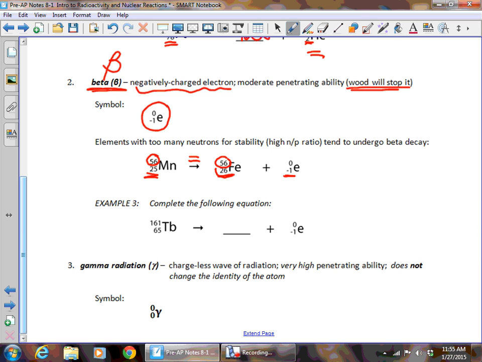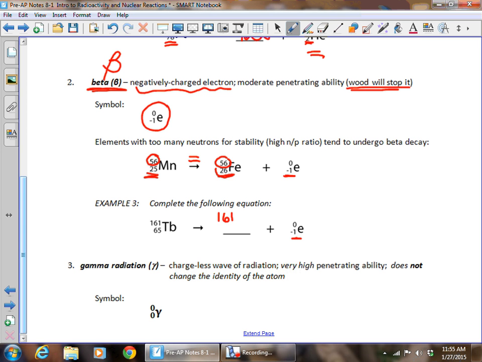We have 161 over 65 on the left, 0 over -1 on the right. So once again, the top number is not going to change. The bottom number, however, will. Be careful. Lots of people put 64 on the bottom. No, if you put 64 on the bottom, 64 minus that 1 for the beta particle would be 63.